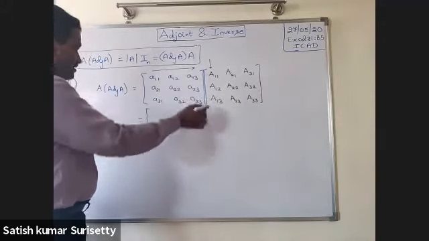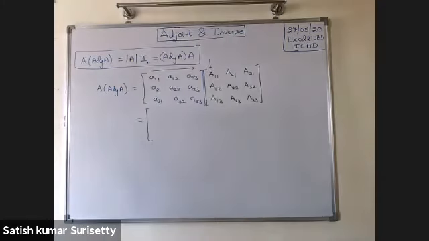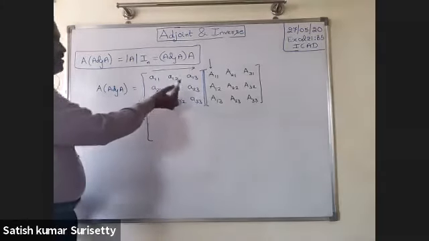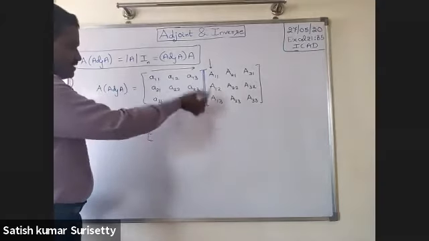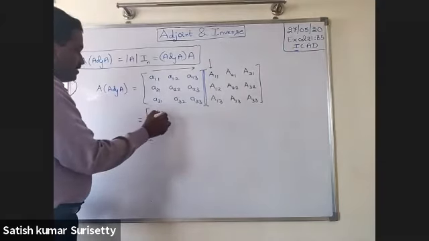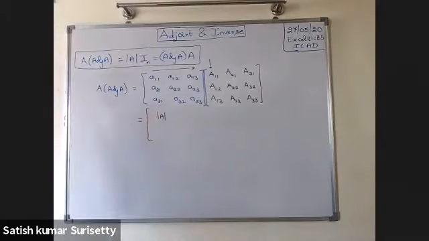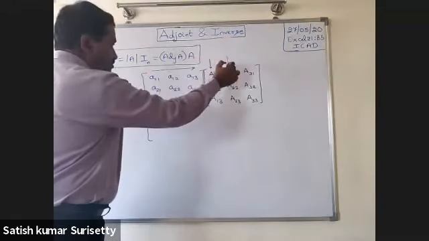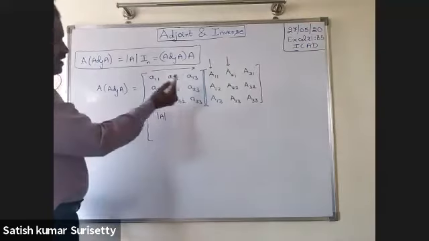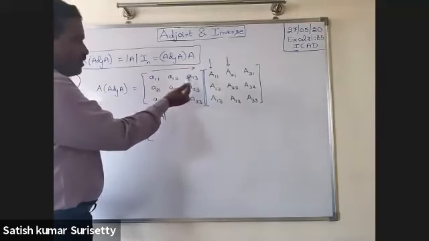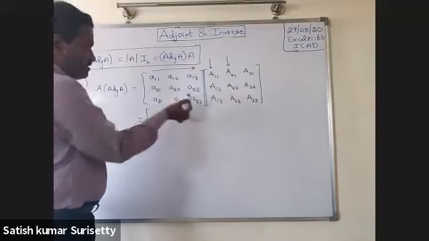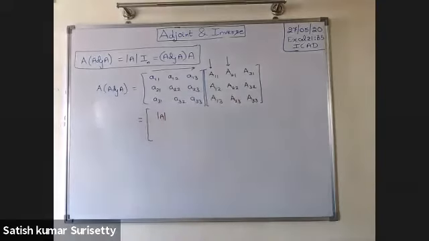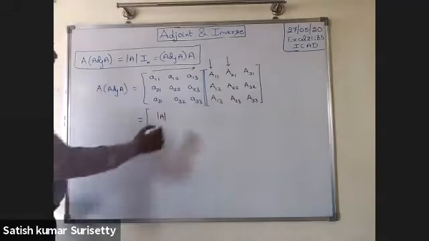This sum of the products of elements of the first row with the corresponding cofactors is the determinant of A. First row with the second column: sum of the products of elements of the first row with the cofactors of which row? Cofactors of the second row. That is zero. The value will always be 0.